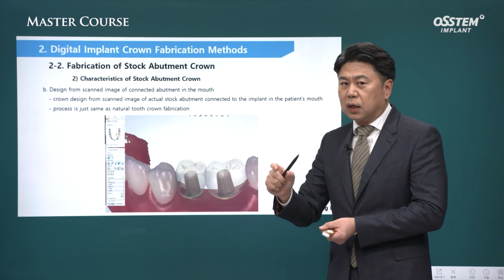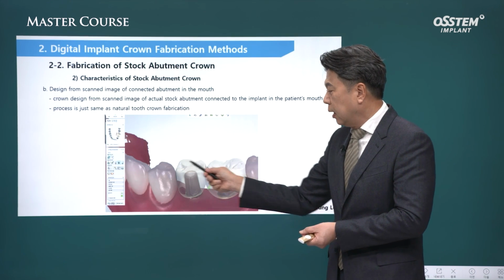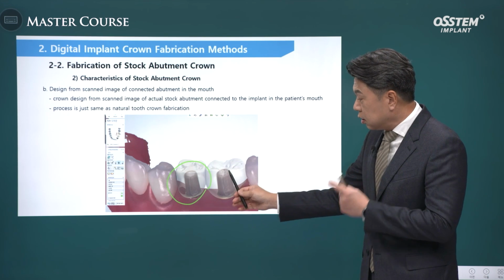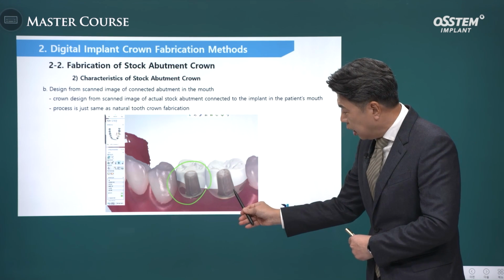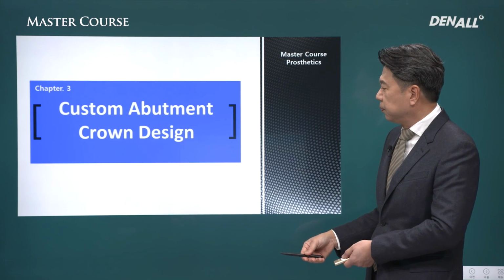So we spray over it to reduce the light reflection, which is a little bit tricky. After scanning, it looks a little bit irregular, and fabrication is performed over it.